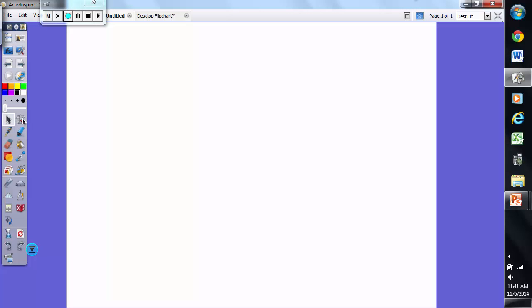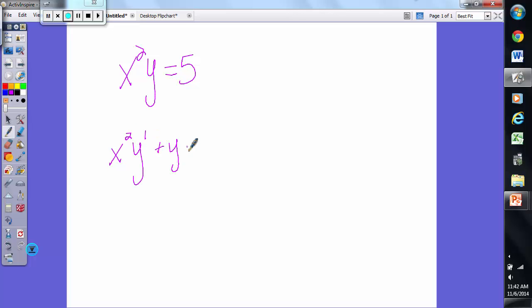x squared y equals 5. And the directions are find y prime. Okay? So this is product rule. So we're going to go first times derivative of the second plus second times derivative of the first, and that equals 0. Derivative of 5 is 0.